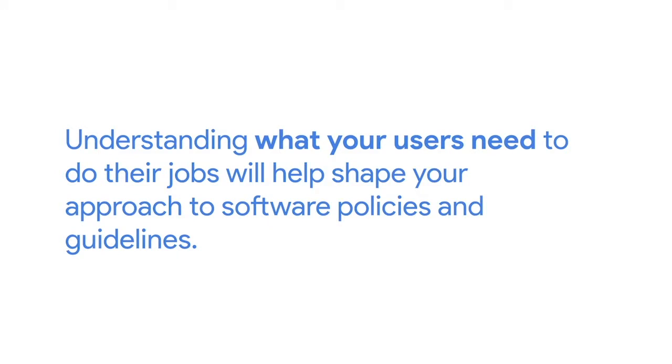Understanding what your users need to do their jobs will help shape your approach to software policies and guidelines. If there's a common use case for a certain type of software, it would be helpful to select a specific software implementation and require the use of that solution. This lets you evaluate the most secure solution and benefit from a more uniform software installation.